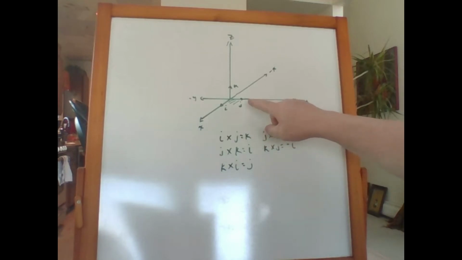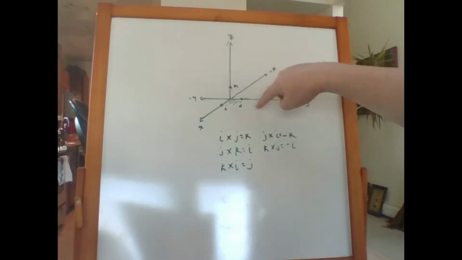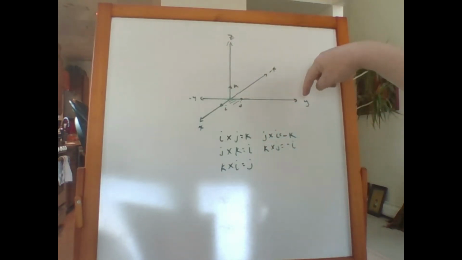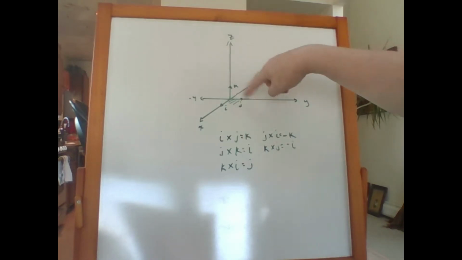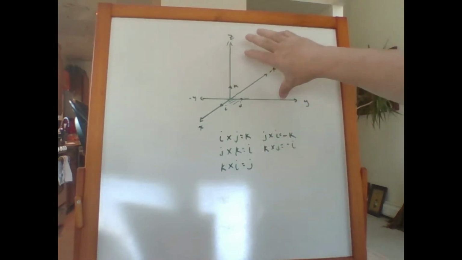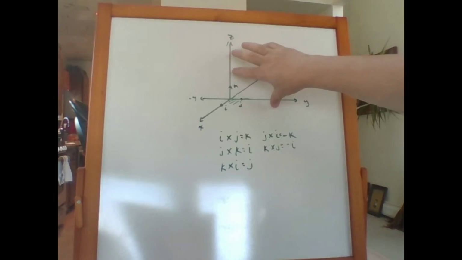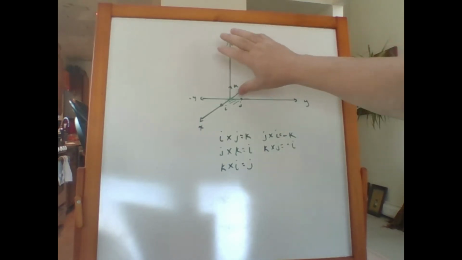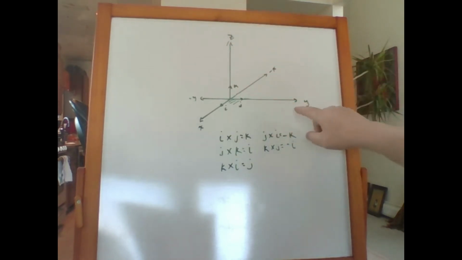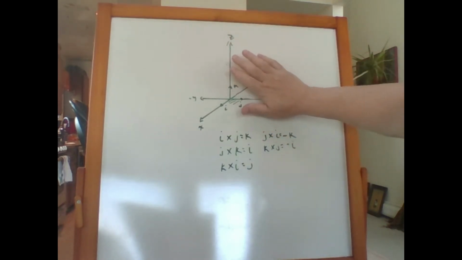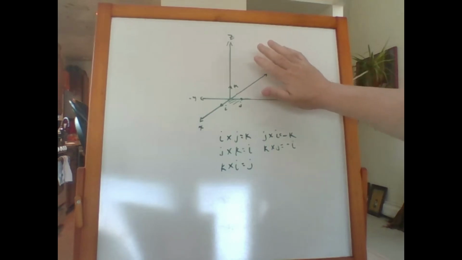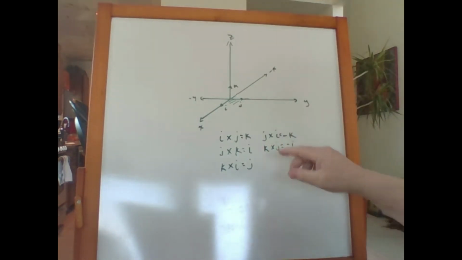So the KJ plane, which is the ZY plane, let's say you thought of this as a window frame holding a pane of glass, that's the ZY plane.